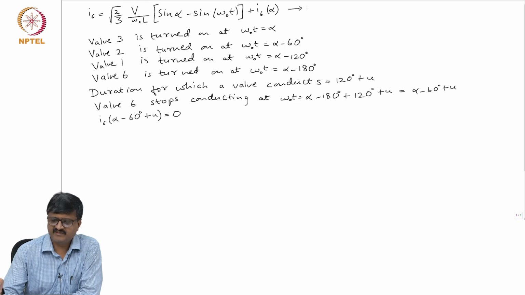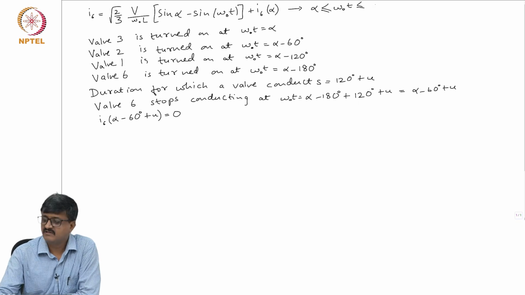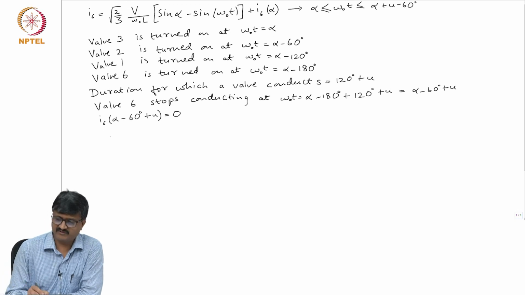One should note that this is applicable for what values of omega OT? This is not an expression which is applicable always. This is applicable for omega OT greater than or equal to alpha and less than or equal to alpha plus u minus 60 degrees. It is of course applicable at alpha plus u minus 60 degrees.